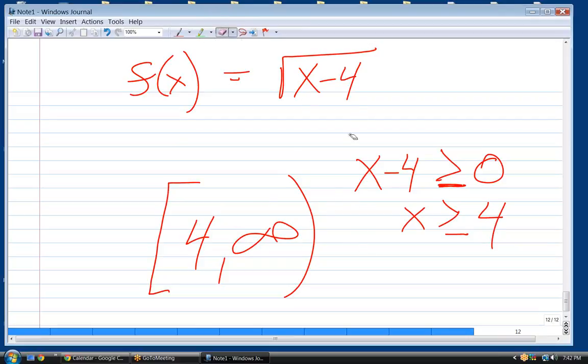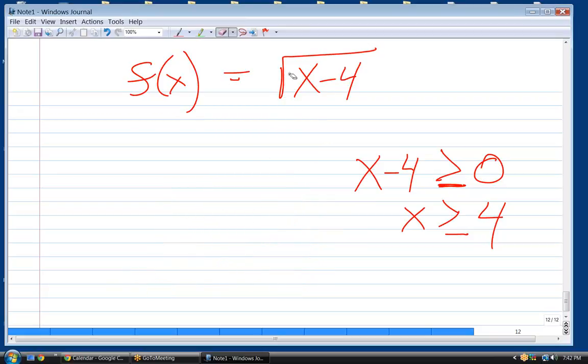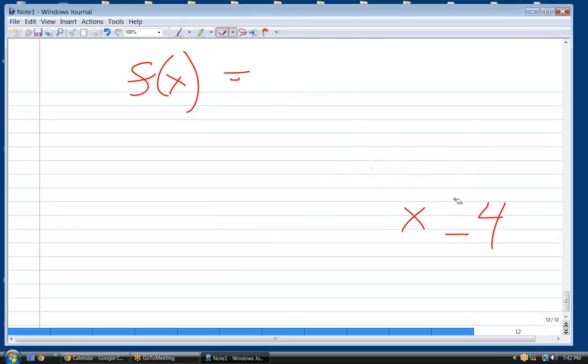Okay? You understand the difference in the two problems? Where it's just in the numerator as opposed to it's the denominator of being divided? That restricts the domain that much more?